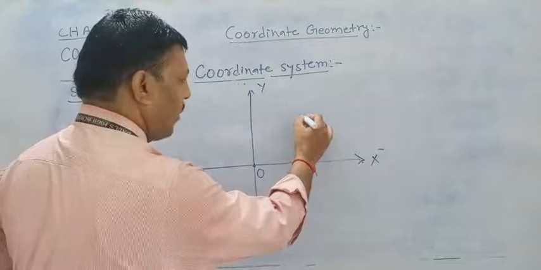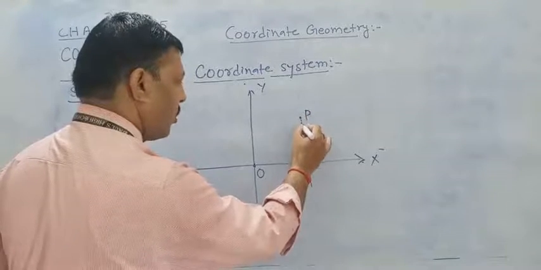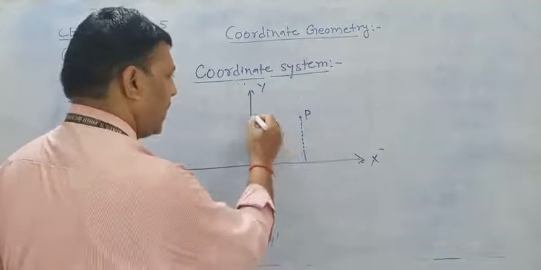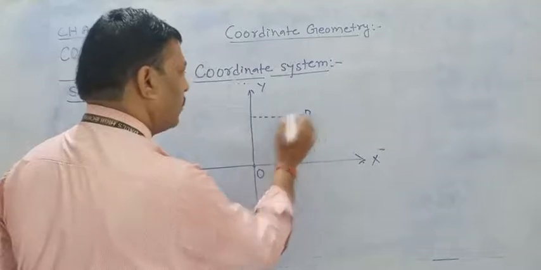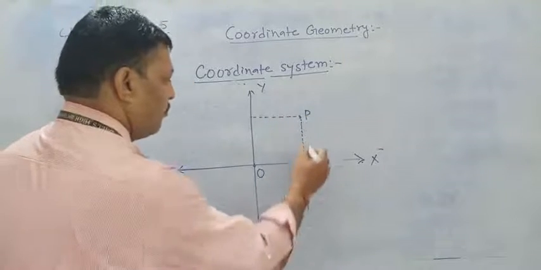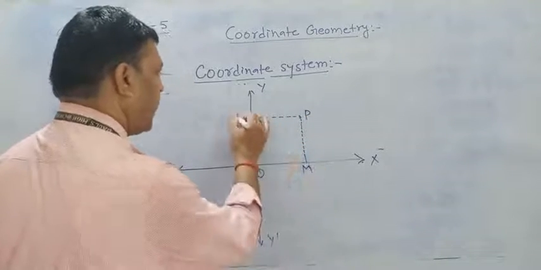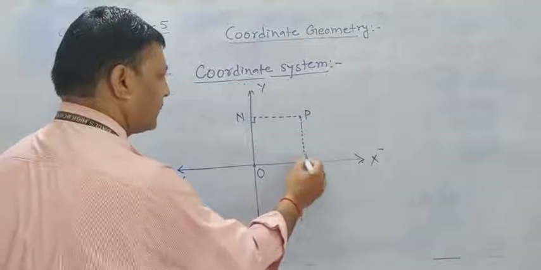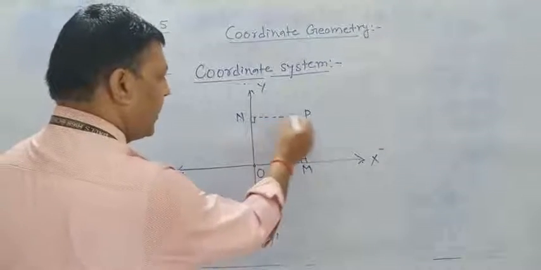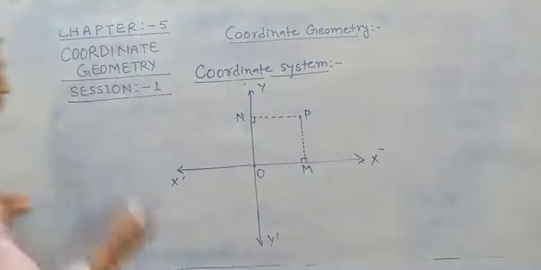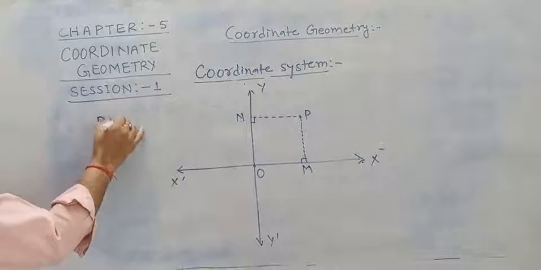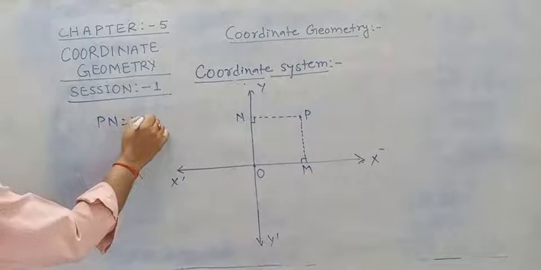So suppose this is the point P, perpendicular is drawn to the x-axis, and this is the perpendicular drawn to the y-axis. So PM and PN are the perpendiculars. Here this PN is equal to OM.